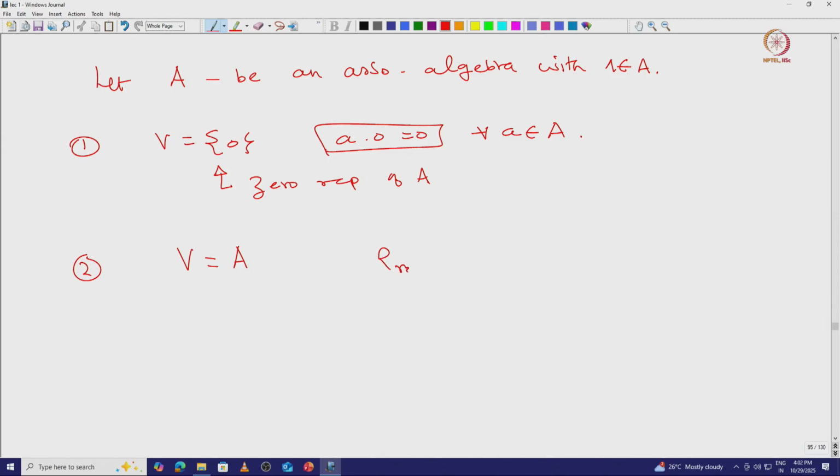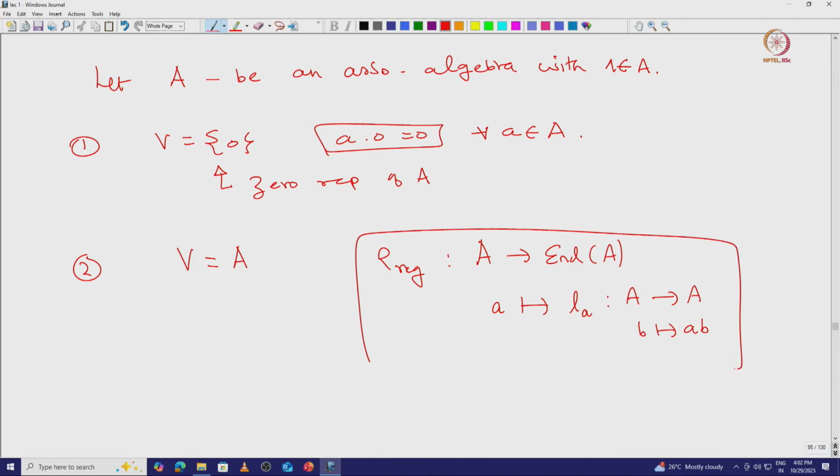You define this rho regular, which is a map from A to endomorphism of A, where a goes to L_a, which is a map from A to A that sends b to ab. It is a left multiplication, and one can check that this indeed defines a representation of capital A, and this is called the regular representation of capital A.